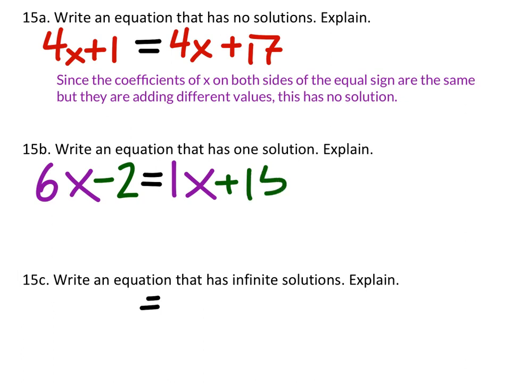It wouldn't matter, because the coefficients of x are different on either side of the equal sign, automatically there will be only one solution. Now we could look at that 15a if we were to continue solving that. We'd eventually get 0 x's. On 15b we won't get 0 x's, which means we could then divide by the coefficient of x.